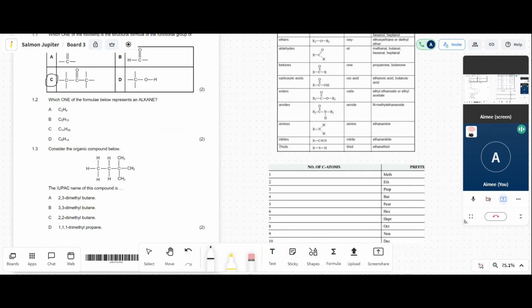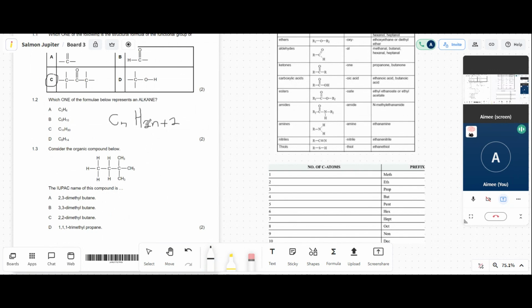So what you're looking for is a formula with no double bonds and no triple bonds, only single bonds, which means every carbon has the maximum amount of hydrogens it possibly can. The general formula for an alkane is: if the number of carbons is N, then the number of hydrogens has to be 2N plus 2.